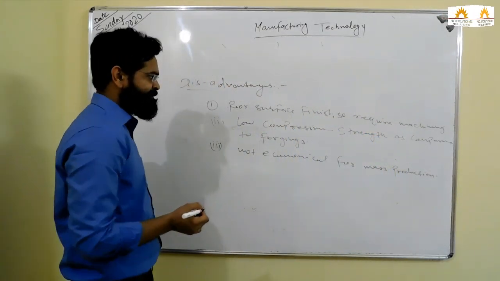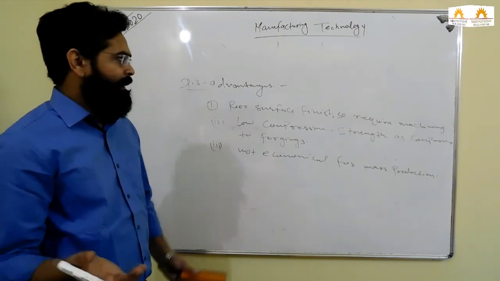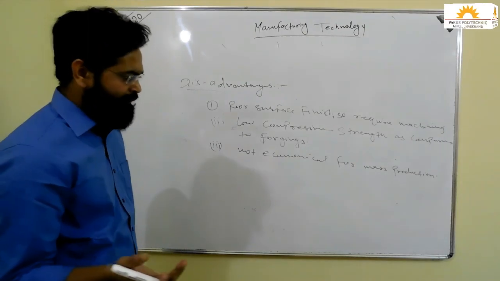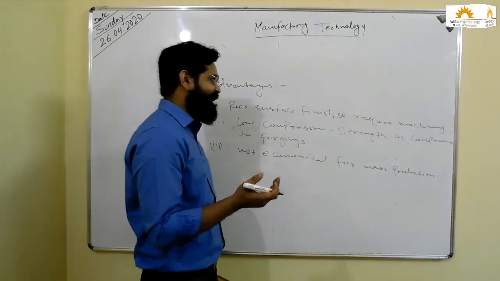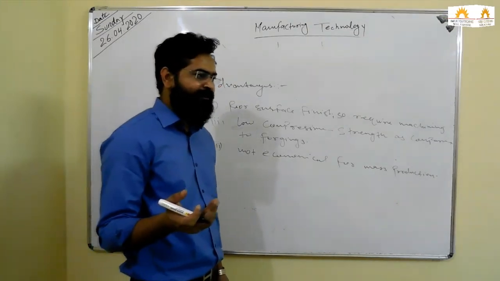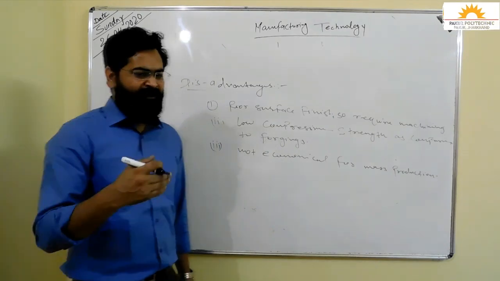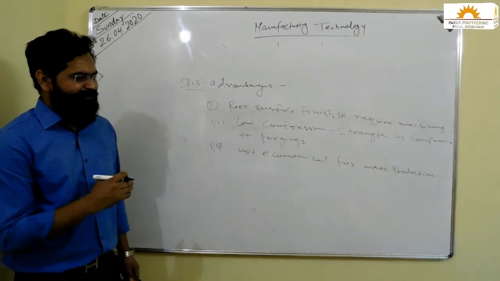The first one is poor surface finish, so it requires machining. After ejecting the object from the mold cavity, surface finishing like machining, polishing, grinding, burnishing, buffing, etc. is required, which are types of super finishing or finishing processes.